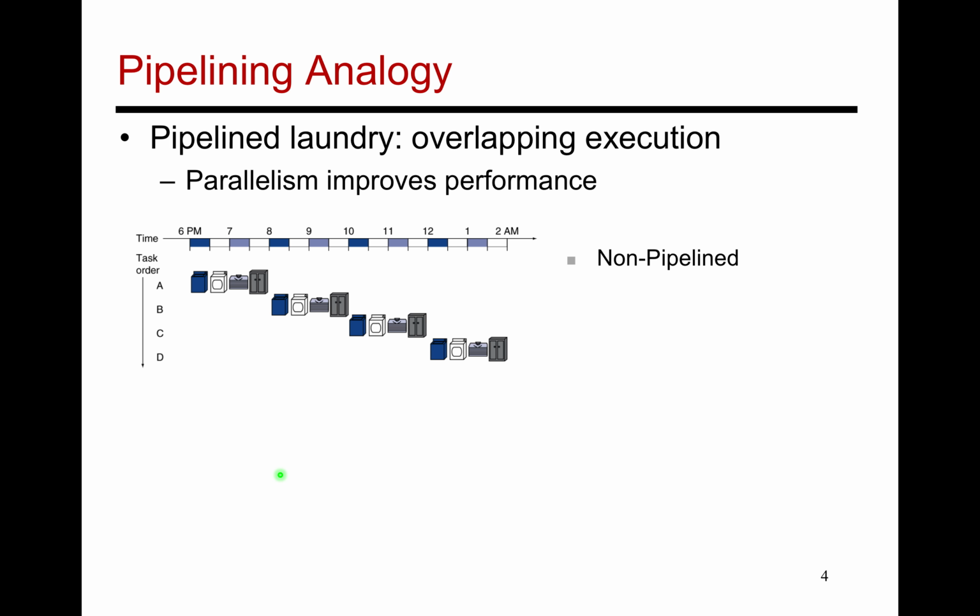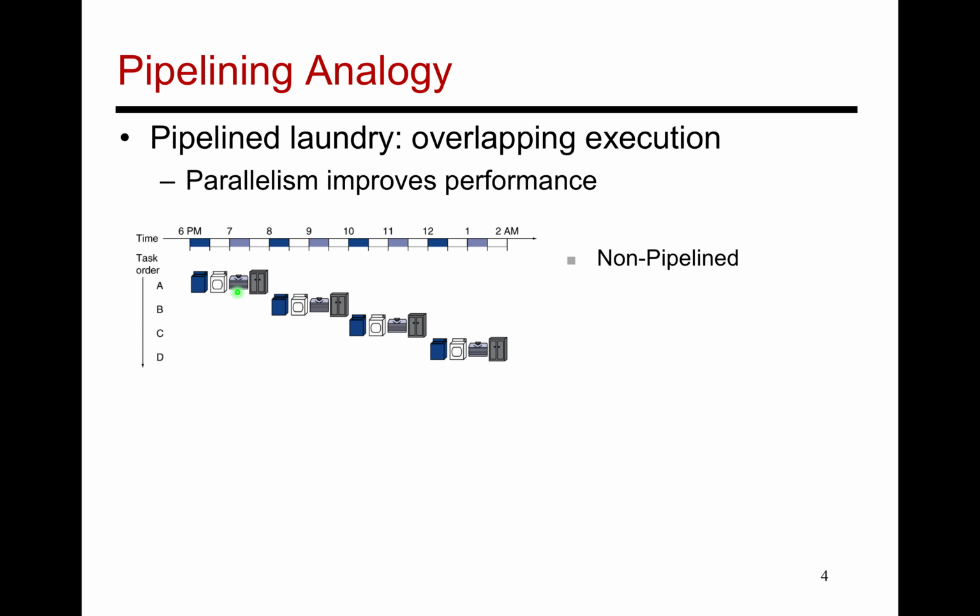So let's begin with motivating pipelining, and let's think about doing a task like doing a load of laundry. For doing a load of laundry, we assume that there are four operations we want to do. We want to wash the load. After it's washed, we want to dry it.